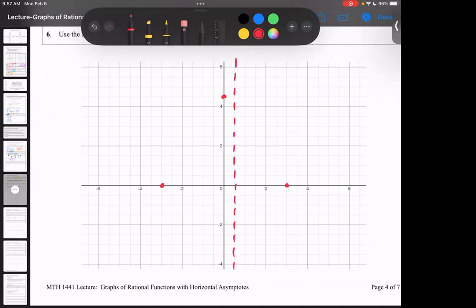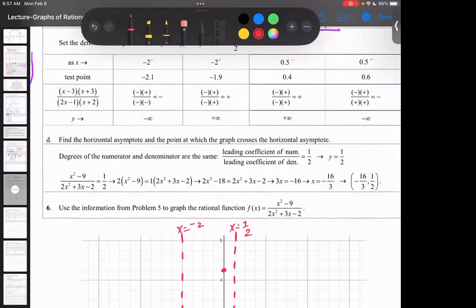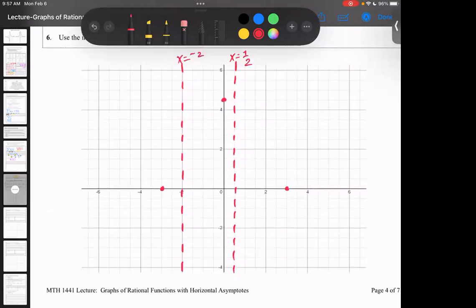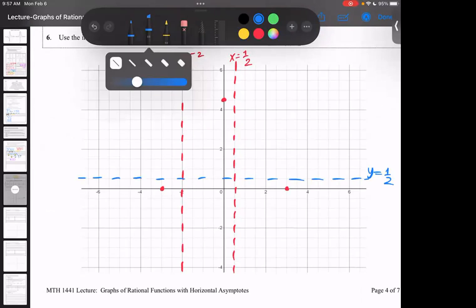The function just kind of knows not to go near there, but it's invisible. I want to label x equals 1/2 and x equals negative 2. And then my horizontal asymptote is y equals 1/2, also a dashed line. Maybe I'll do it semi-solid because I know that it might or might not cross.